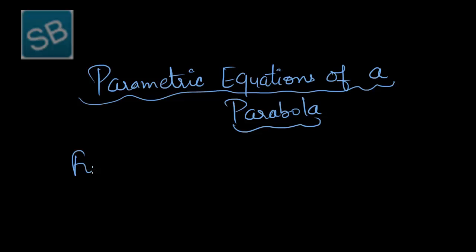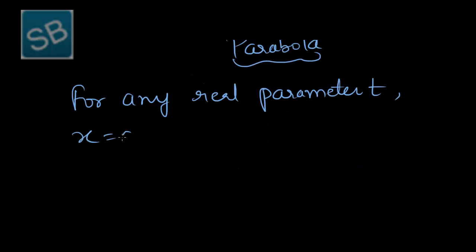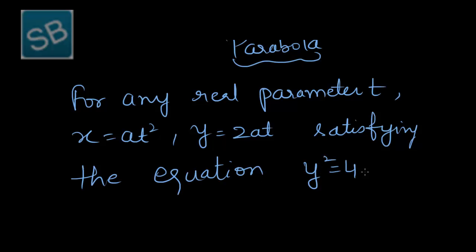Now for any real parameter t, x is equal to at squared, y is equal to 2at, satisfying the equation y squared is equal to 4ax.